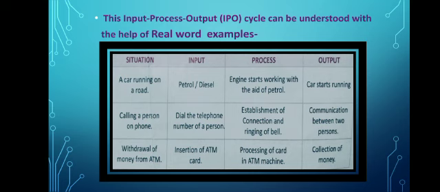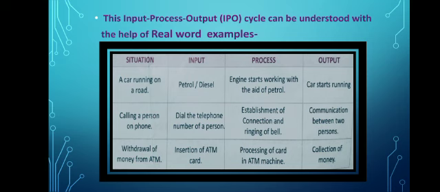Next situation is calling a person with the help of a phone. For this, what will be the input? Dialing the telephone number of a person. What will be the process? The process will be establishment of connection and ringing of the bell. And what will be the output? Communication between two persons, meaning we can talk. The third situation is withdrawing money from an ATM.